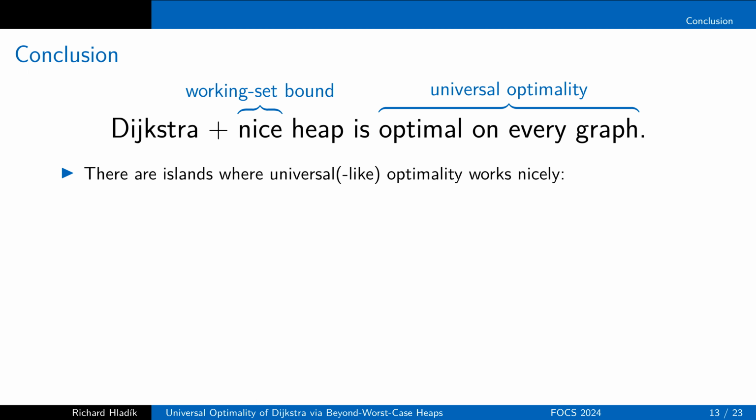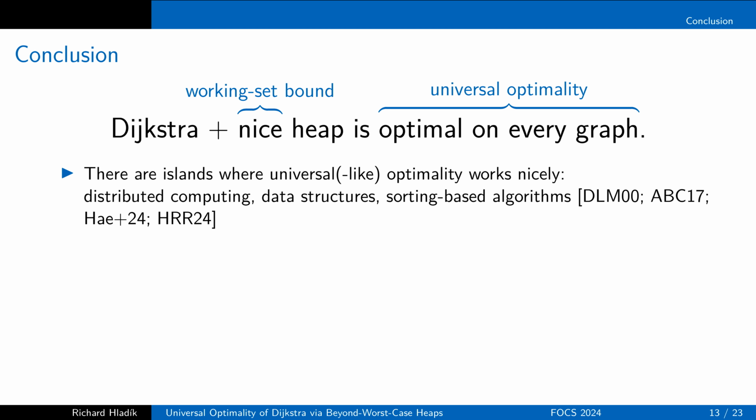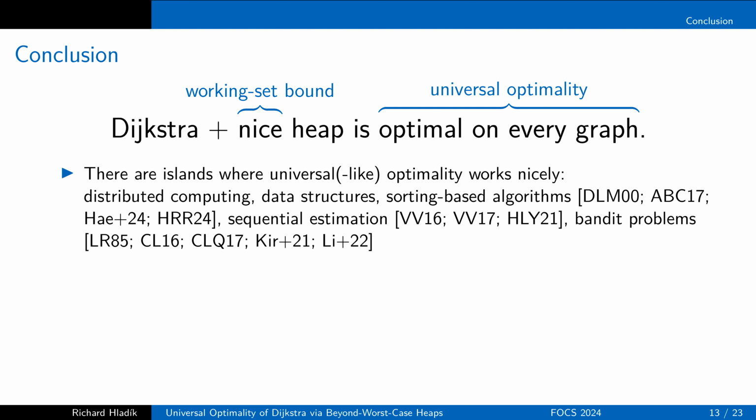In general, there seem to be a lot of islands where universal optimality and its cousins work really nicely. To name a few, take distributed computing, data structures, sorting-based algorithms, sequential estimation, or bandit problems. Most of these results are pretty new, so it seems like this isn't the end state, this isn't how the landscape will look.